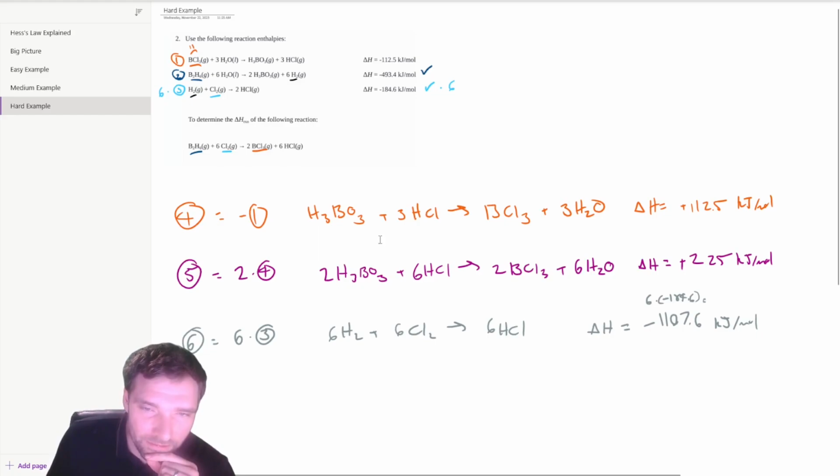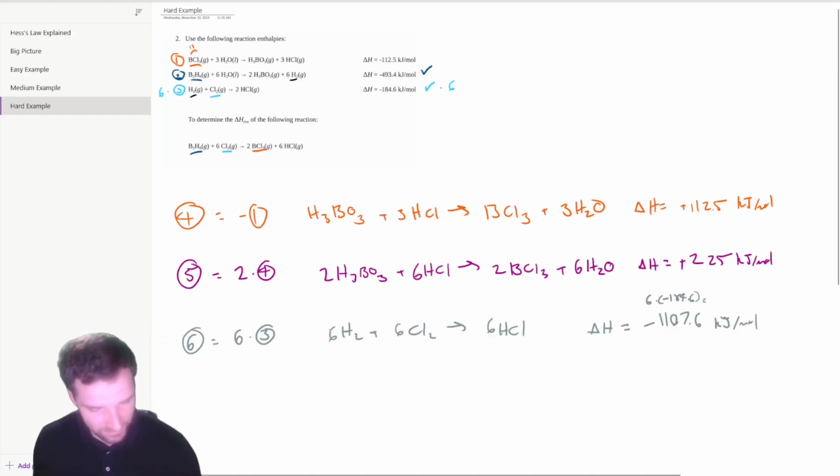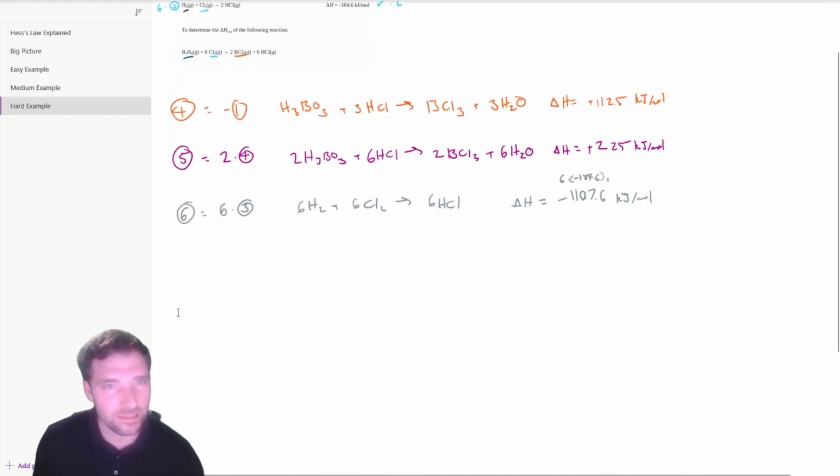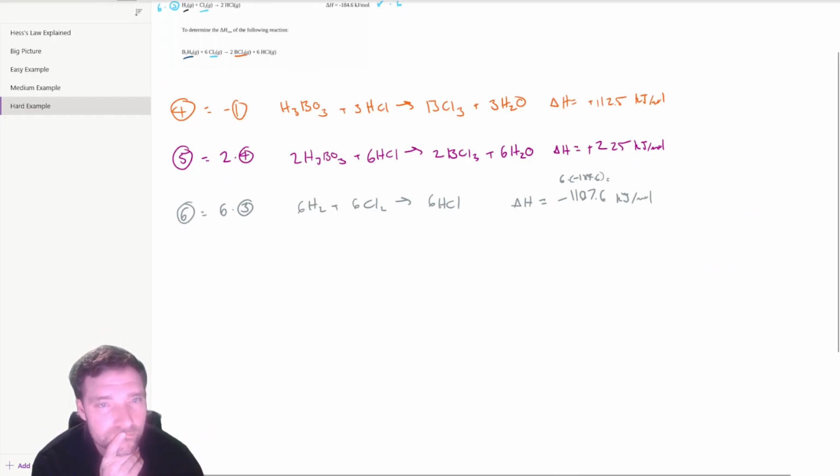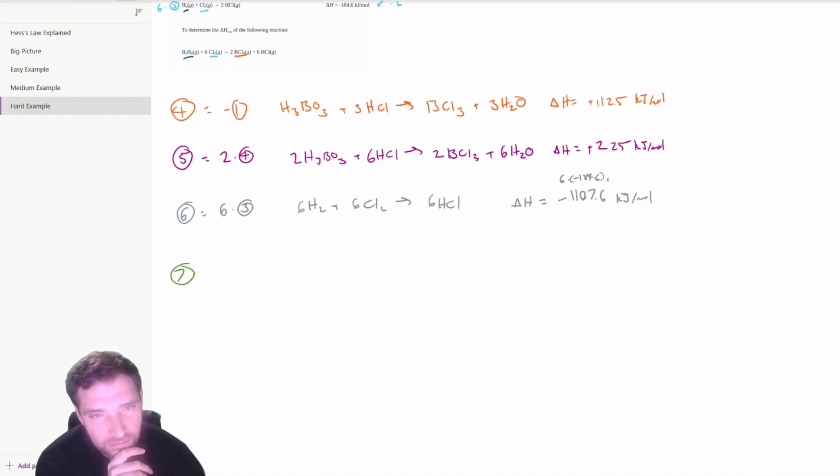So I'm looking there, I'm like, okay, well, line 5 and line 6, it looks like these HCls are going to start canceling out kind of nicely. I am looking, line 2 looks pretty good as is. So I'm thinking let's combine line 5 and line 6. So line 7 now is going to be 5 and 6 put together.